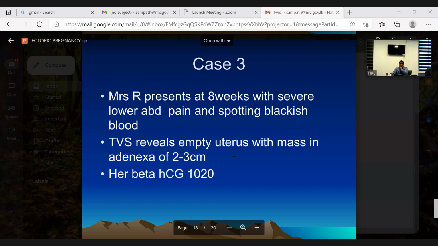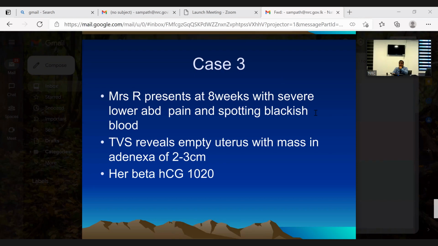Beta HCG 1,000 to 3,000, no viable heartbeat, 2 to 3 centimeters, and no evidence of rupture can be considered for medical management with methotrexate. Right, so it's a typical one, so you can have your own guesses about your patient, taking these cases as examples. So this is indicated for medical management.